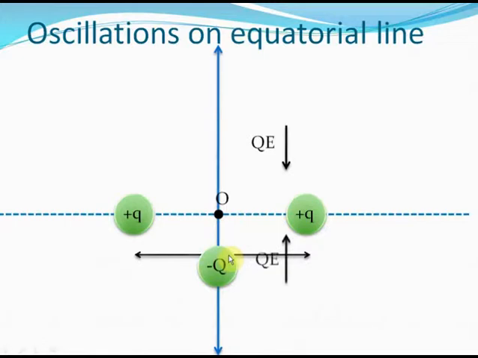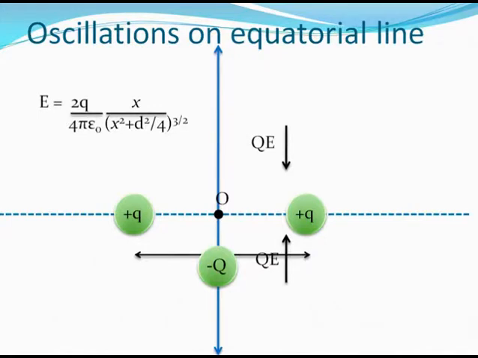This is because the 2 positive charges obviously attract the negative charge, isn't it? The electric field, as I just told you, in this case is still only along the y-axis on the equator of the 2 positive charge system. So the net force on the minus q charge acts upwards. So again the minus q charge gets pulled back upwards. So the minus q charge always keeps getting pulled towards the 2 positive charges.